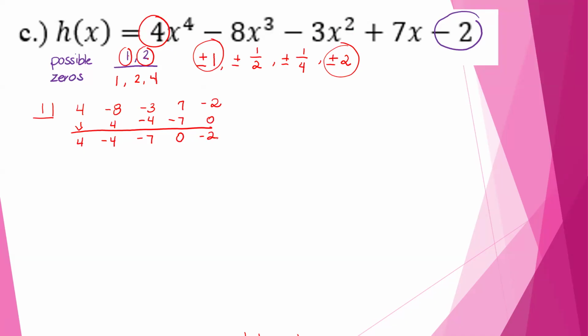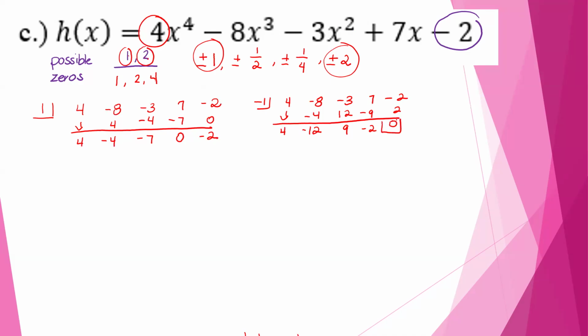No. Okay. So what do you guys want to try next? -1. So 4, -8, -3. What is this? 4, -4. What is that? -12, 12, 9, -9, -2. Oh, did we find one?